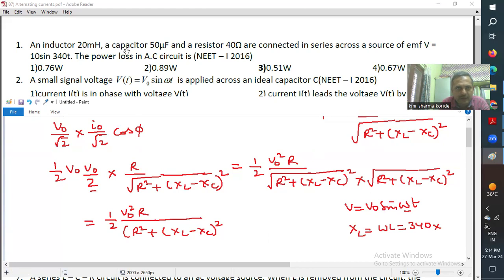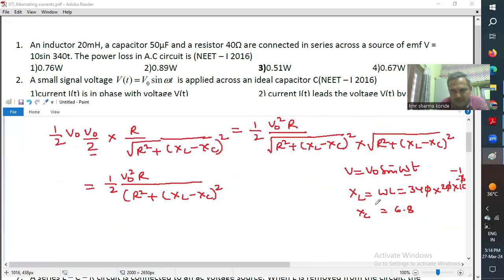L is 20 millihenry, 20 into 10 to the power of minus 3. So the zero gets cancelled, there will be minus 1. So this is 68, but there is 10 to the power of minus 1, therefore it will be 6.8. So XL is 6.8.